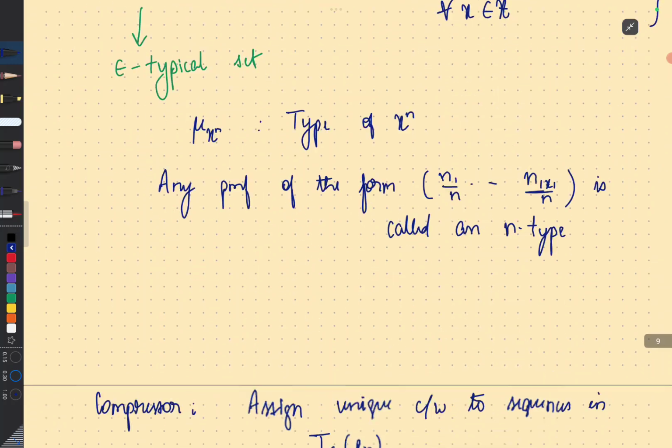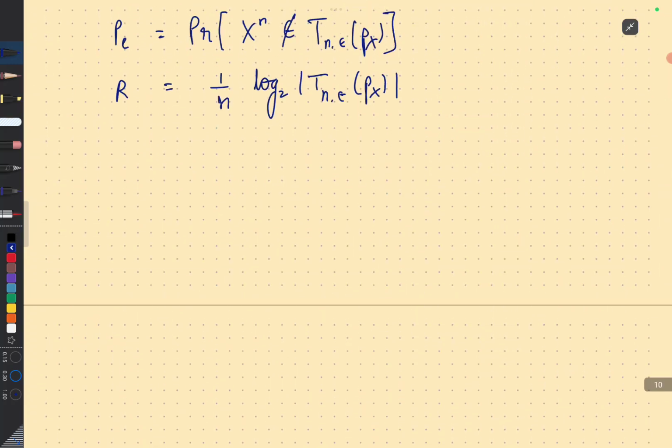Okay, so basically what you're trying to say is the following. Recall that for a particular sequence to be in T_n epsilon, all of the empirical frequencies should be epsilon close to p_X. So if a sequence does not lie in T_n epsilon, then it must mean that at least one of the empirical frequencies is not epsilon close to p_X.